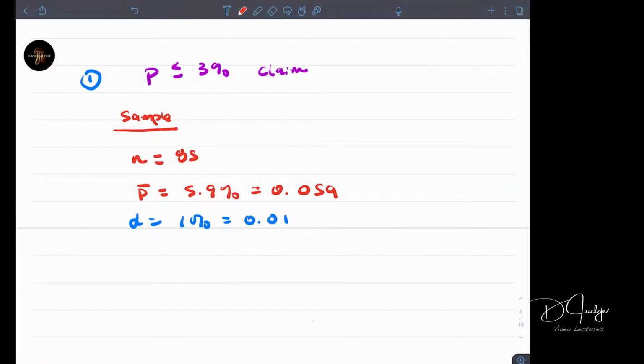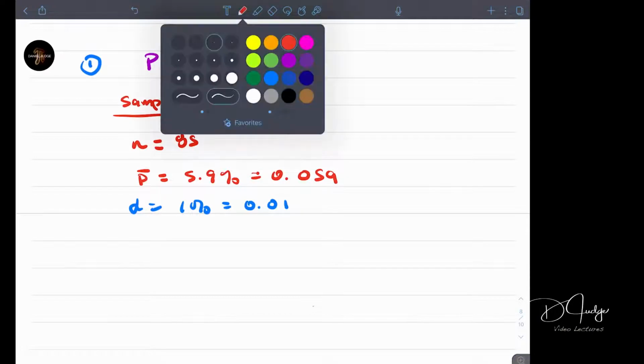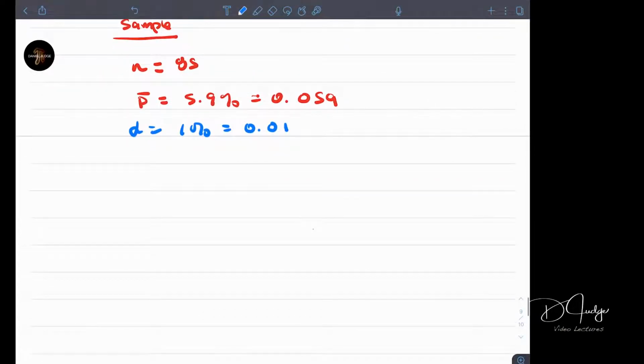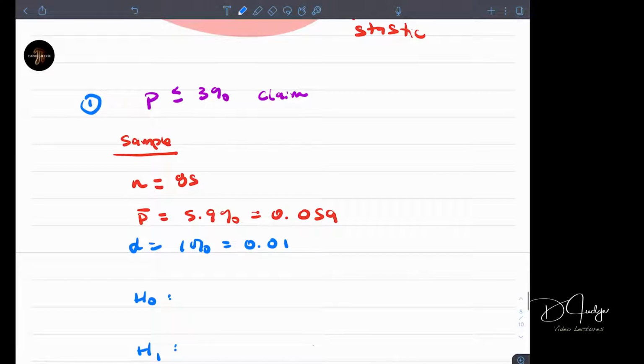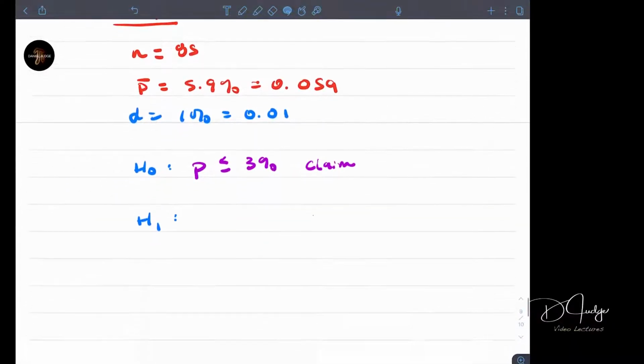Now, let's start to go with this process here, the hypothesis testing process. Now, remember what I taught you guys here, okay? We're just going to go through what's going on here. H0, H1. We're going to do the setup. We're going to set up your hypothesis test. And remember, this is going to be a null hypothesis. So remember why this is a null hypothesis.